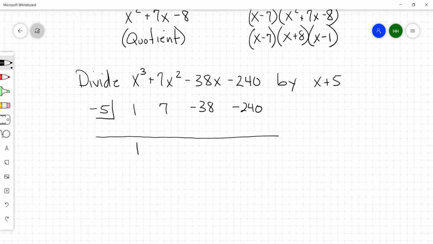All right, so we're multiplying and adding again. -5 times 1 is -5. 7 plus -5 is 2. -5 times 2 is -10. -38 plus -10 is -48. -5 times -48 is a positive 240. And -240 plus 240 is 0.